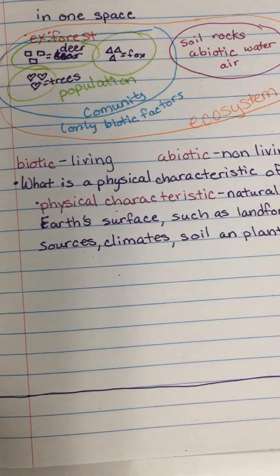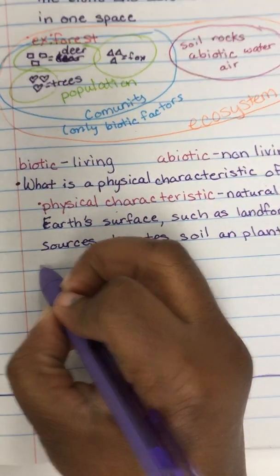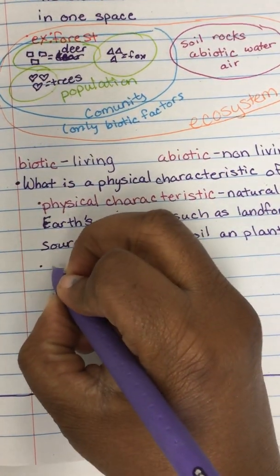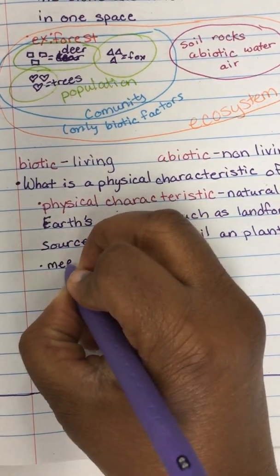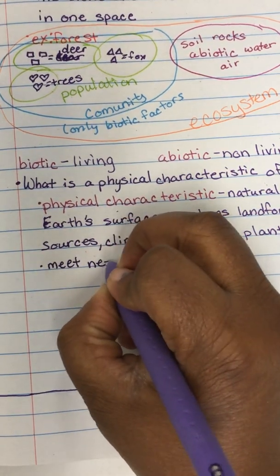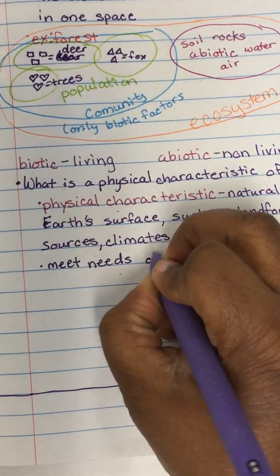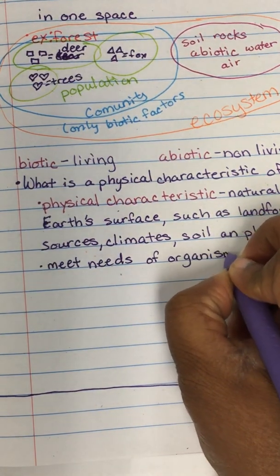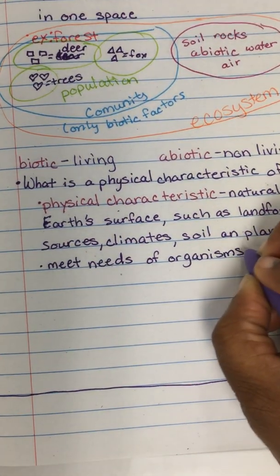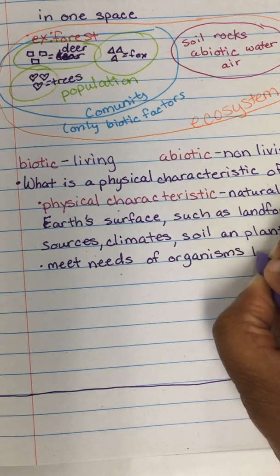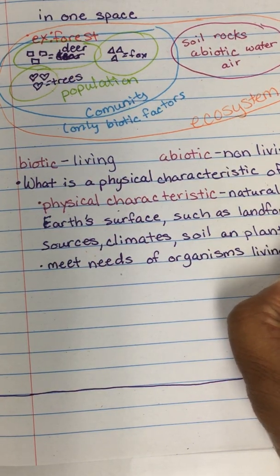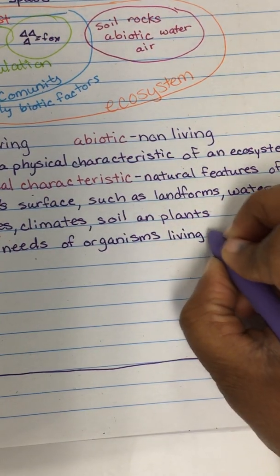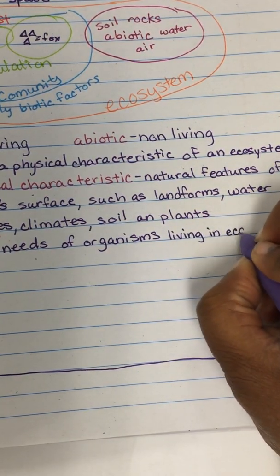Basically, a physical characteristic of an ecosystem is anything that meets the needs of the organisms living there. So it has to meet needs of organisms living in ecosystem.